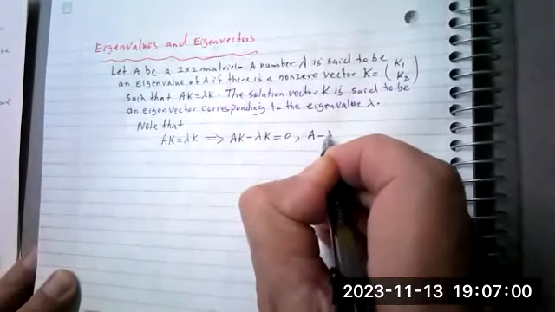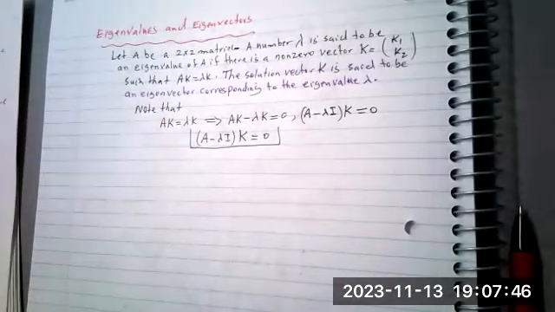Now, if you want to find a non-zero K, you must make sure that the matrix A minus lambda I is not invertible. In linear algebra, a matrix is not invertible if its determinant is 0.